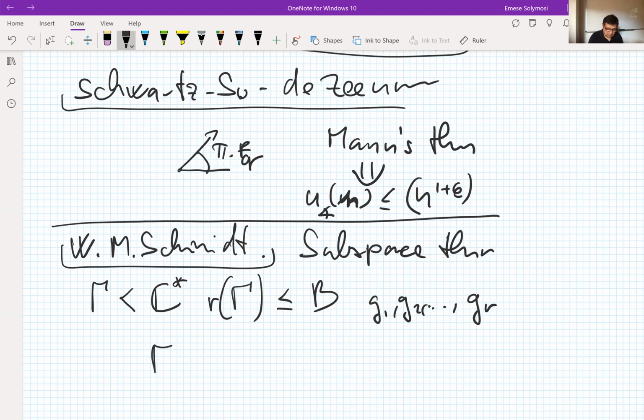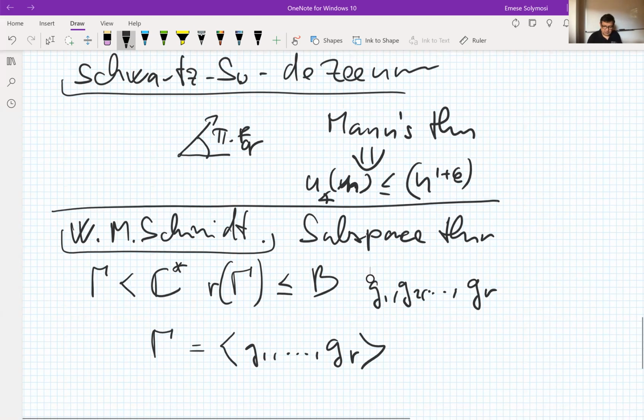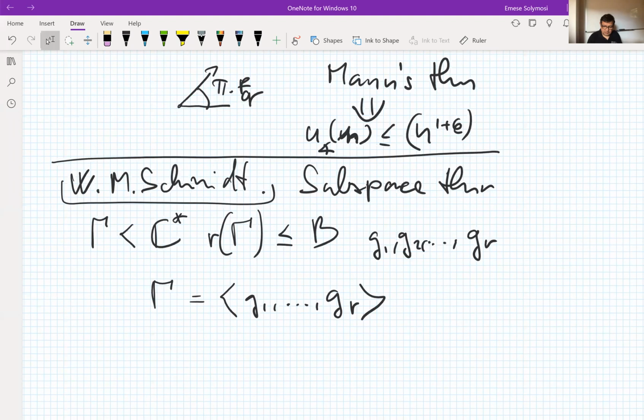And gamma will be all the elements generated by them, the products, inverses, and so on. Is it clear what bounded rank means? It means that a few elements will generate it.